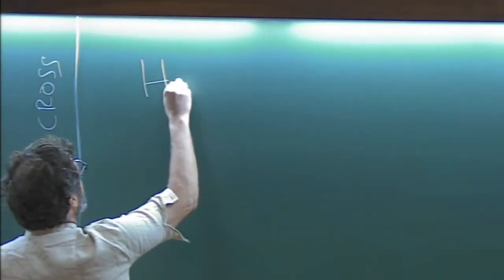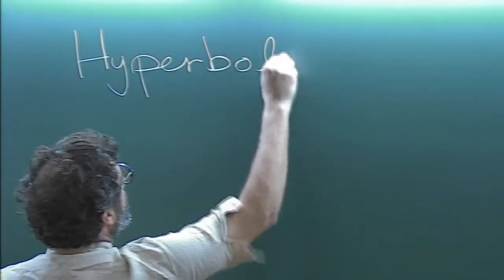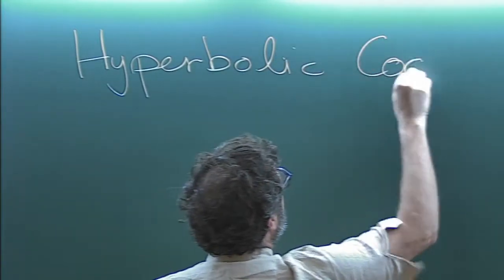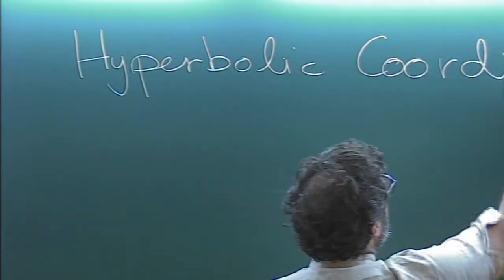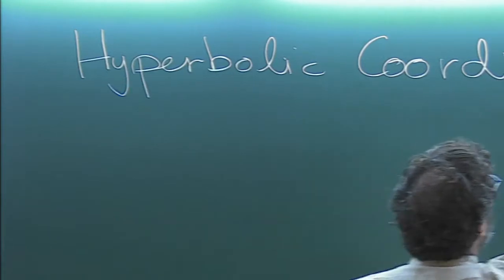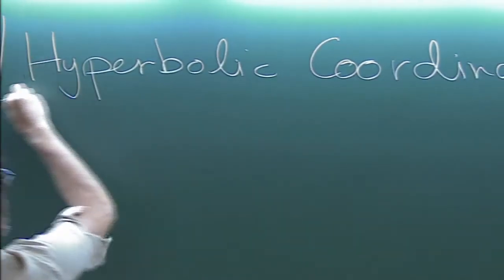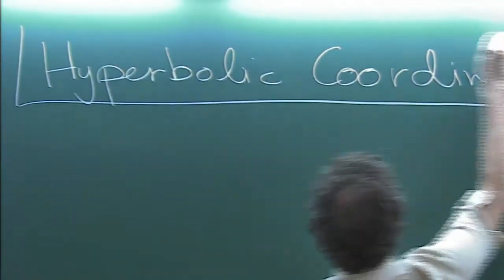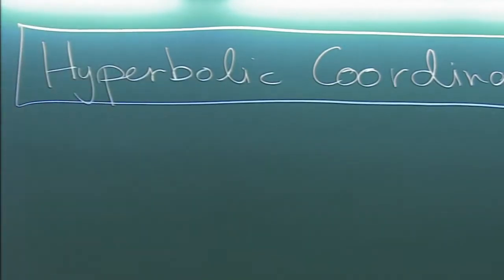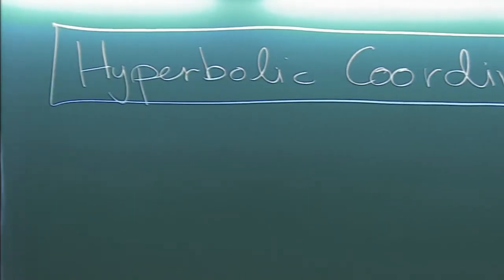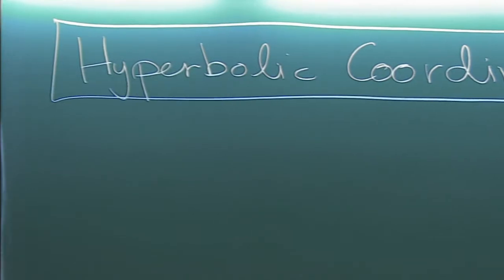So I'm going to introduce the notion of what I call hyperbolic coordinates. This concept is inspired by some of the techniques in the Benedict-Carlson work that I mentioned yesterday, which really set out the fundamental point of view.